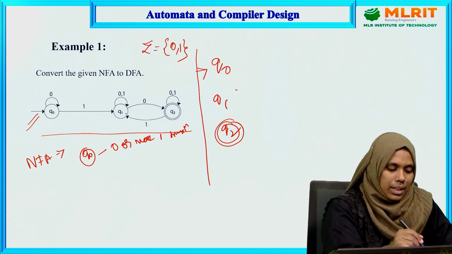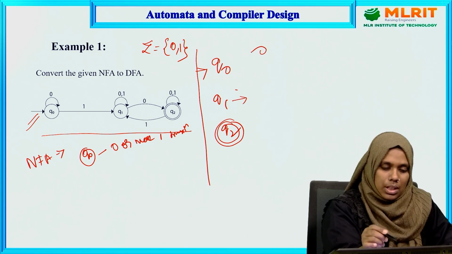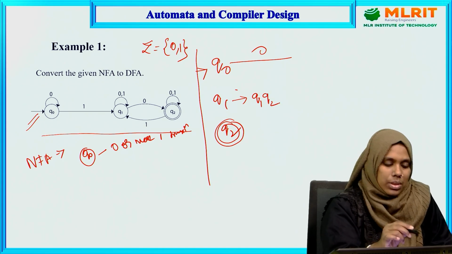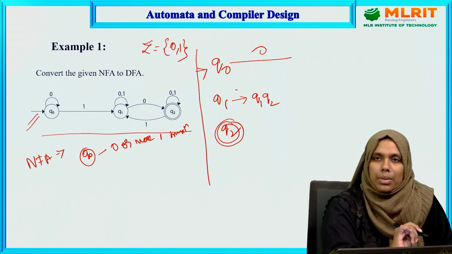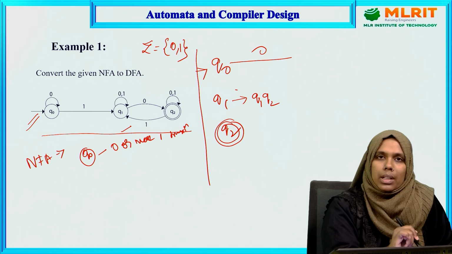Now coming to the next state, Q1: with 0 we have Q1 itself as well as Q2. That means from Q1 with input 0 we have two transitions, one to Q1 and one to Q2. So this is the easy way of finding whether the given problem is an NFA or not. This type of NFA we have to convert into a DFA.